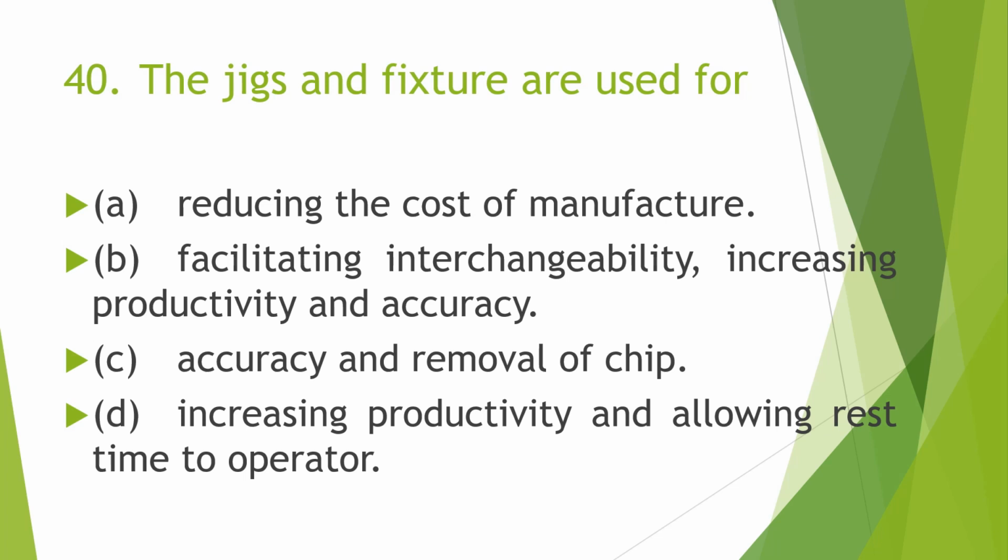B, facilitating interchangeability, increasing productivity and accuracy. Option C, accuracy and removal of chip. Option D, increasing productivity and allowing rest time to the operator. So the correct answer will be B, facilitating interchangeability, increasing productivity and accuracy.